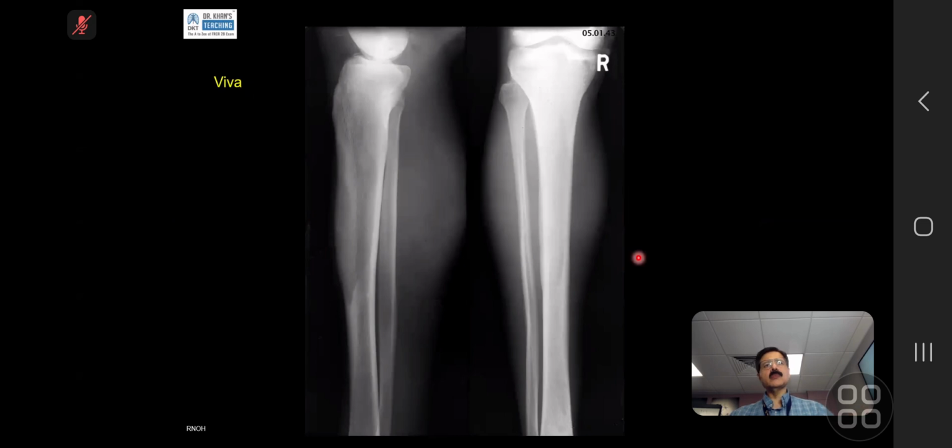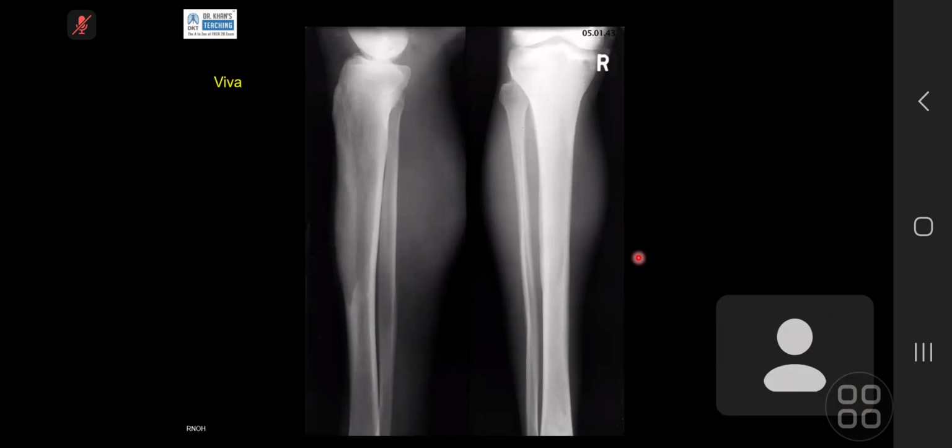Your case, please. Yes, I have been presented with frontal and lateral radiographs of the leg. I can see that there is lucency involving the proximal metadiaphysis of the right tibial bone, and there is a sharp transition into the normal bone distally, giving the appearance of the blade of grass sign.